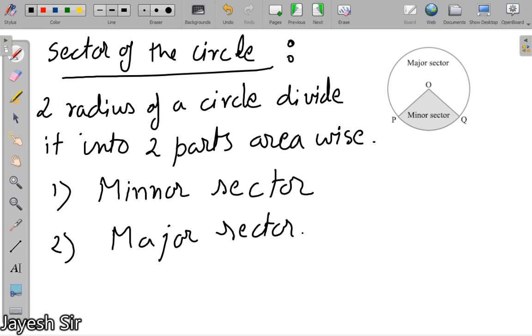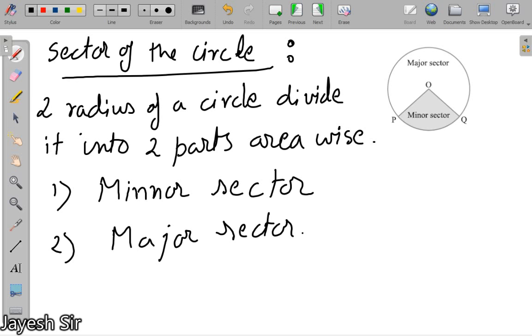Okay. So what we have here, we have a sector of the circle. We have minor sector and major sector. This shaded part is called minor sector of the circle. This clear part is called major sector of the circle.